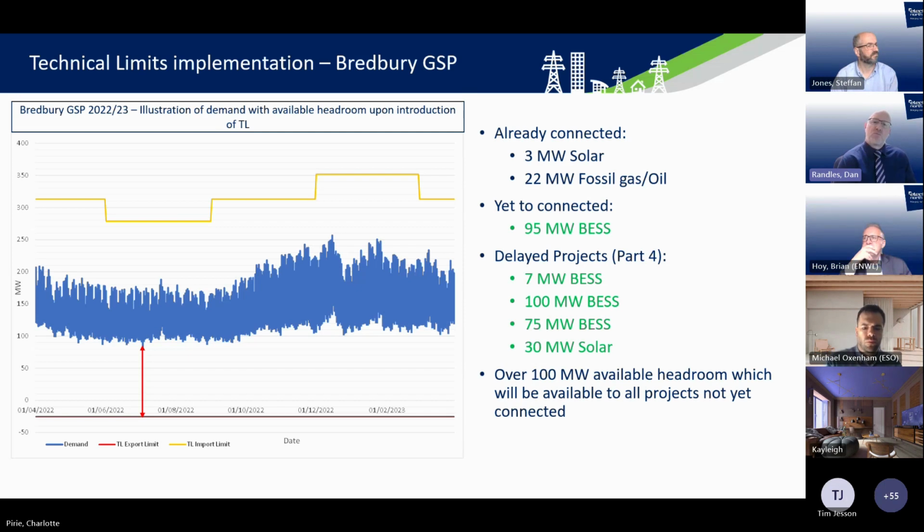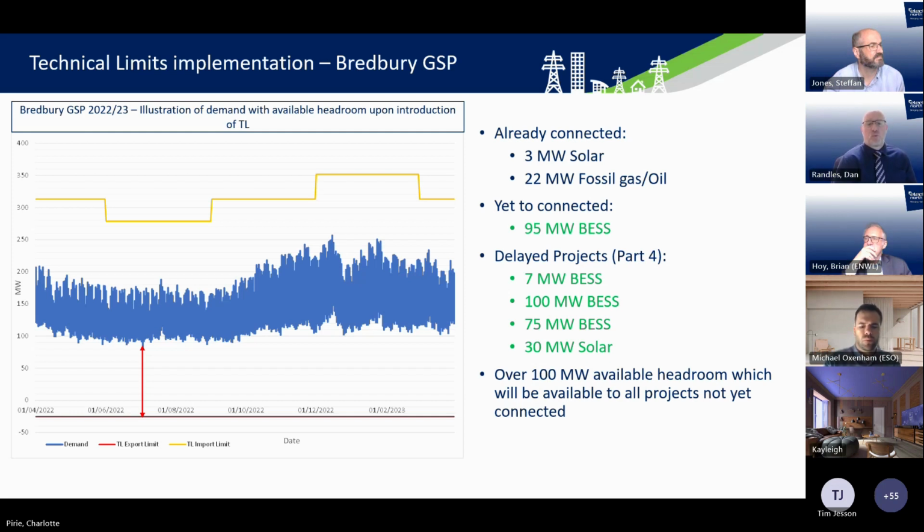And then we've got a number of projects that are queued up behind wider transmission system work. So these are the Part 4 projects, and you can see we've got 4 of those, largely BESS, different sizes, alongside a relatively large scale solar generator. That's actually quite typical of the sort of queues that are starting to form on distribution networks, queuing behind transmission works.